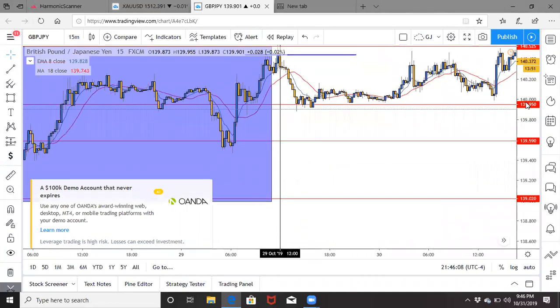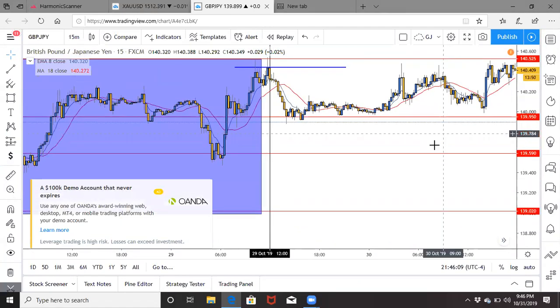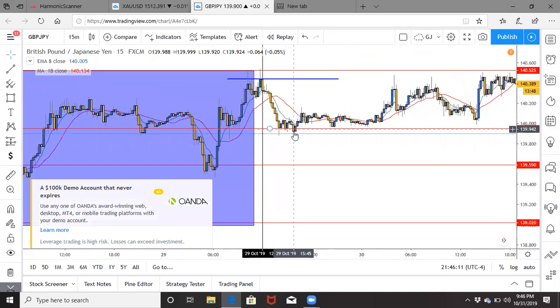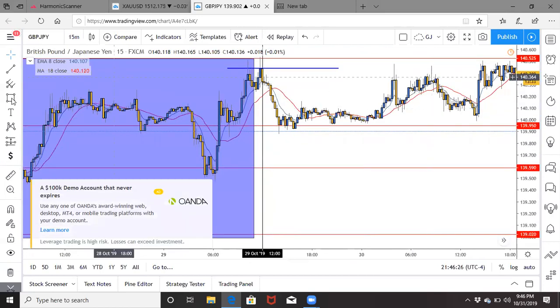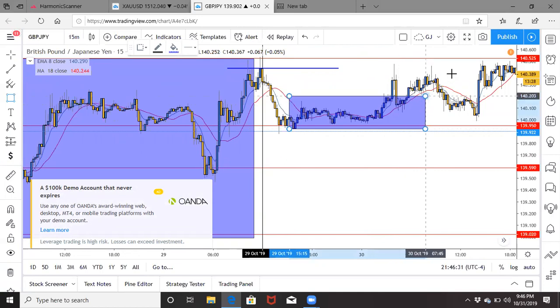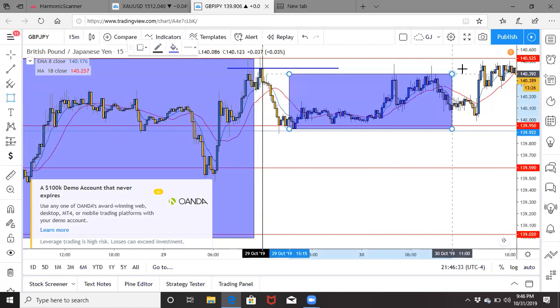What happened was price began to start making higher lows all through here. Higher lows. Higher lows are going to bring the market up. So from here all the way over here, we got higher low action.